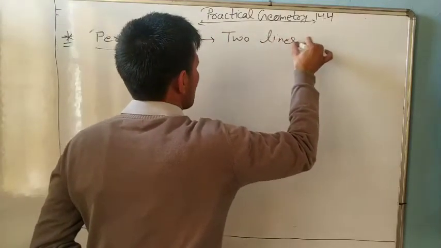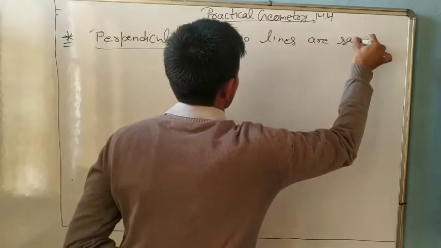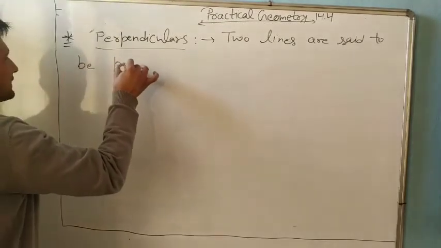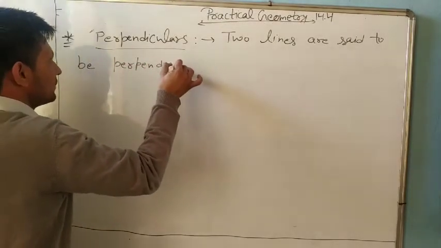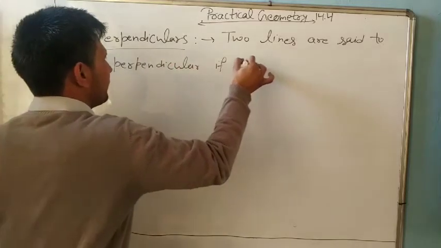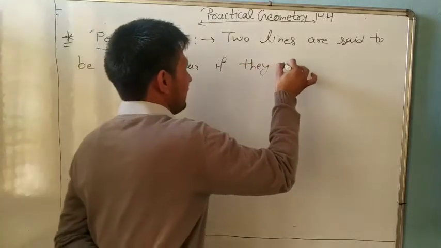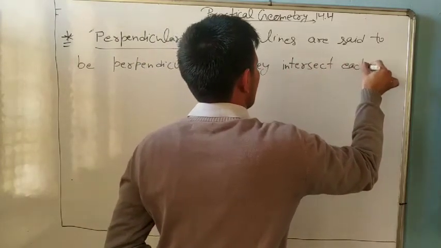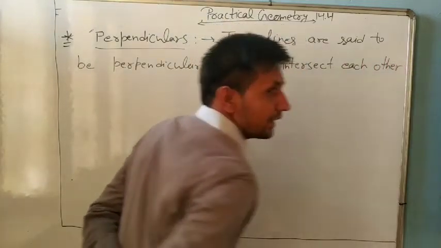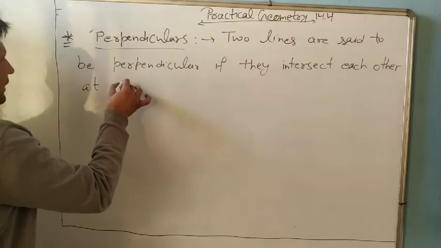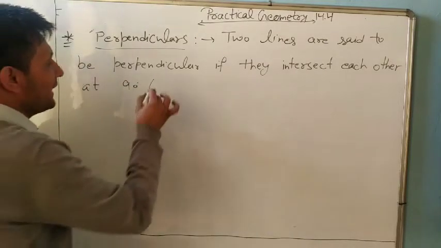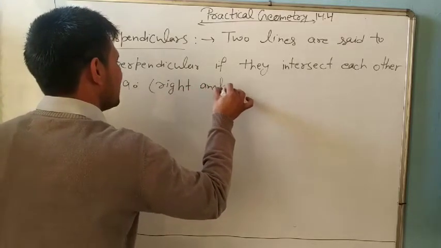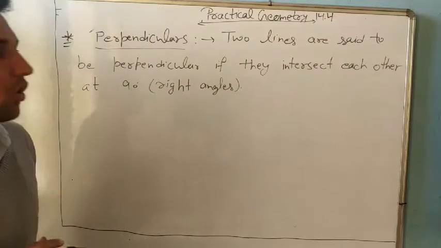Two lines are said to be perpendicular if they intersect each other at 90 degree, or you can say at a right angle. At a right angle means 90 degree. So this is called perpendicular.